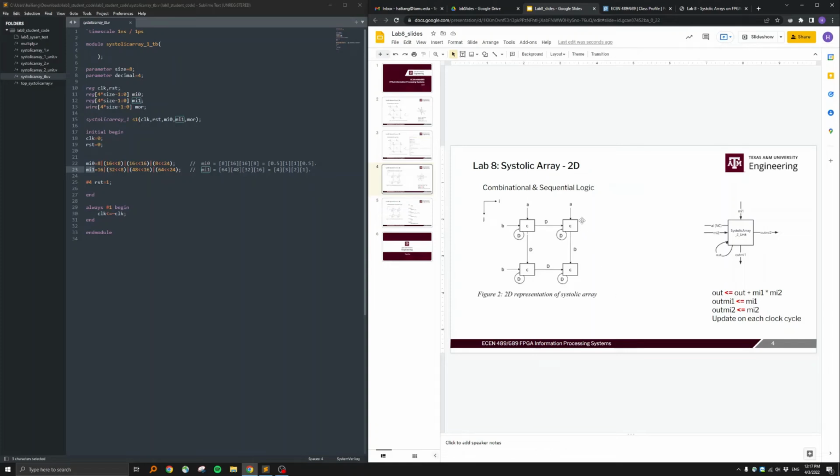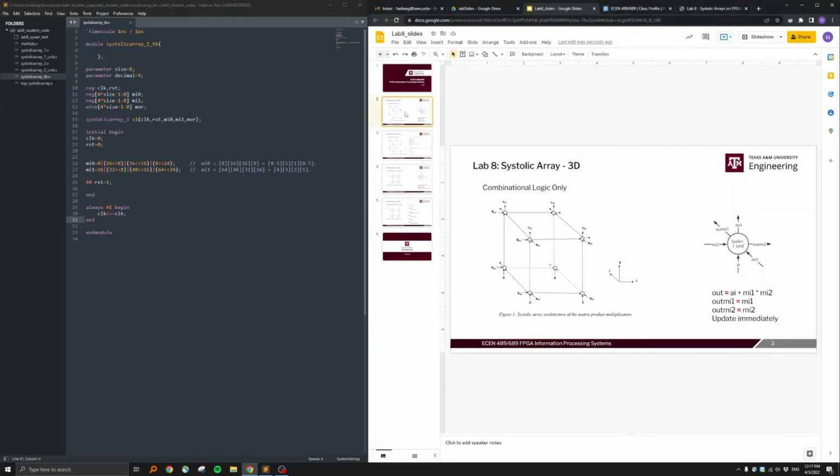So as you can see, for this whole design, still we need to do the 2x2 matrix A times B.